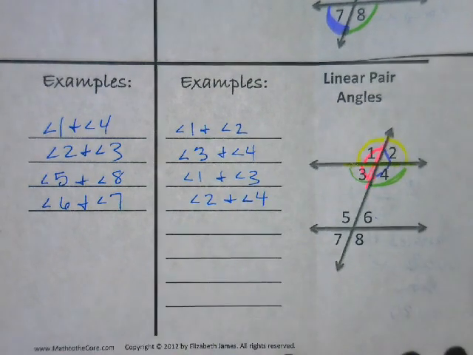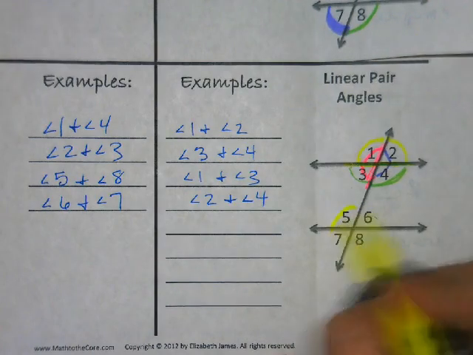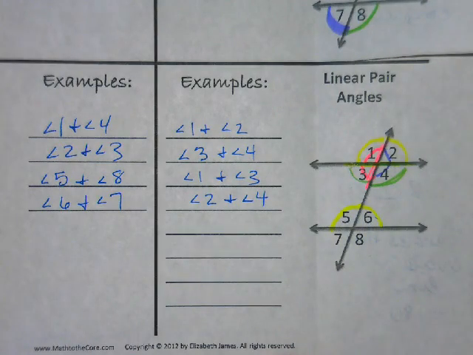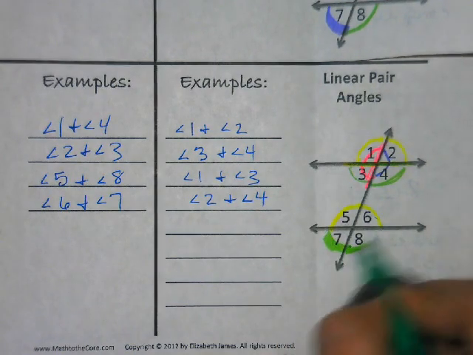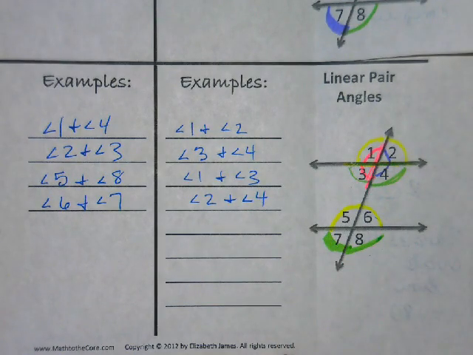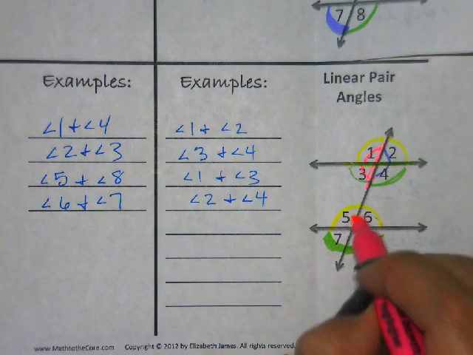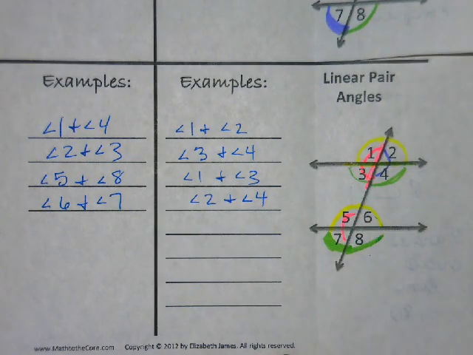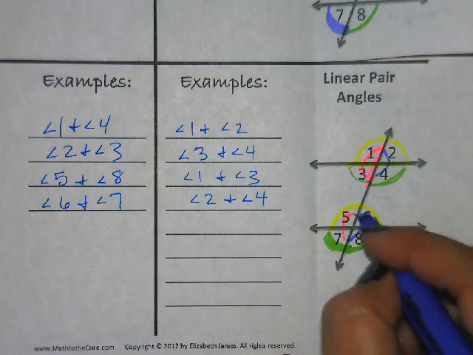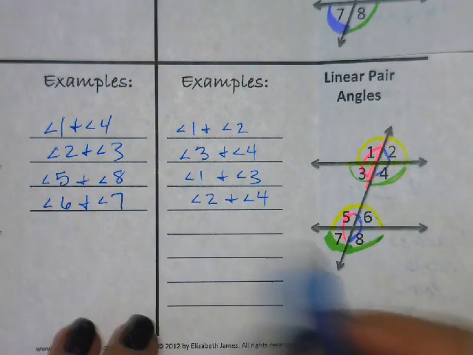So I can still say 5 and 6. I can say 7 and 8. I can say 5 and 7, and I can say 6 and 8, because those are also going to be linear pairs.